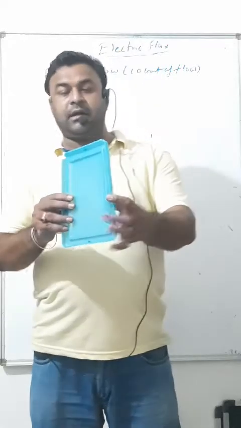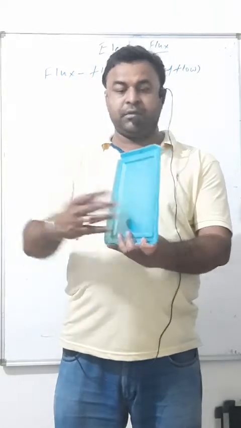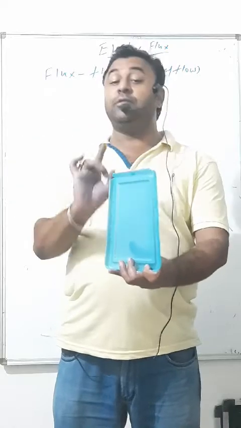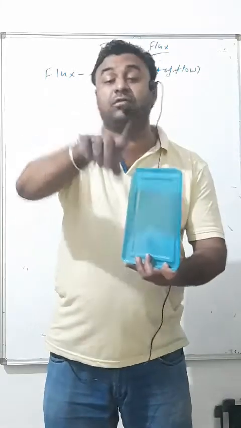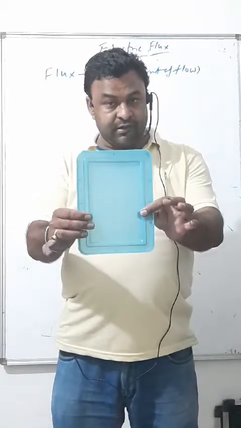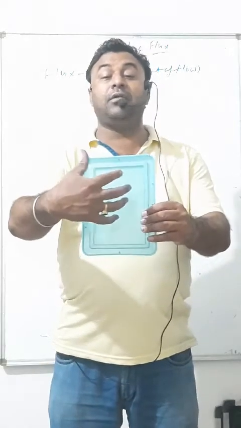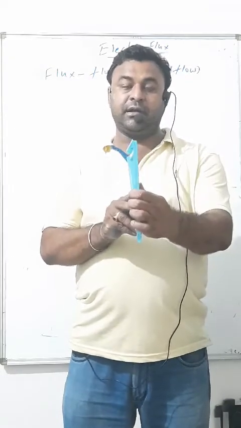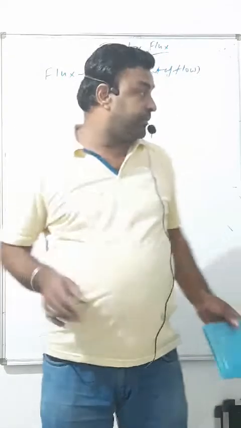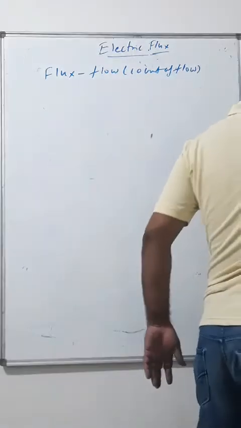But if I make this kind of situation, then some amount of water will be crossing through this area. If I keep it straight, then the maximum amount of water is crossing through the area. In this way, it becomes lesser. Here, it becomes zero.